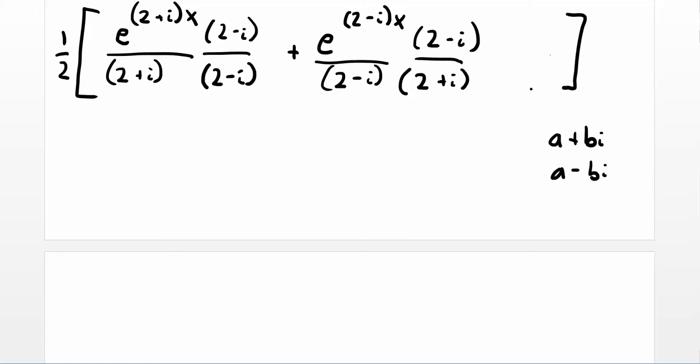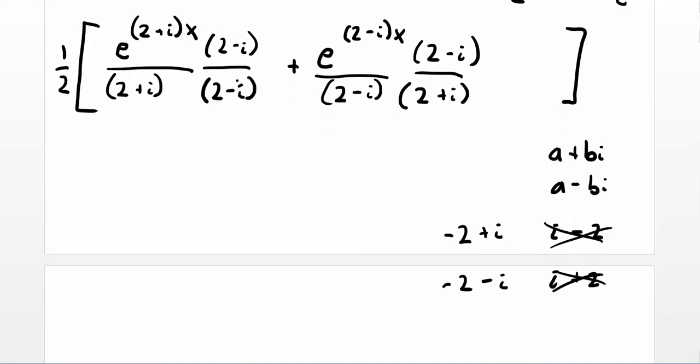So if you see a problem where they ask you something like, what is the conjugate of i minus 2? The conjugate would not be i plus 2, because this is not in the correct form. What you would have to do instead is change it to negative 2 plus i, and then it's easier to see that the conjugate would be negative 2 minus i. So just keep that in mind.